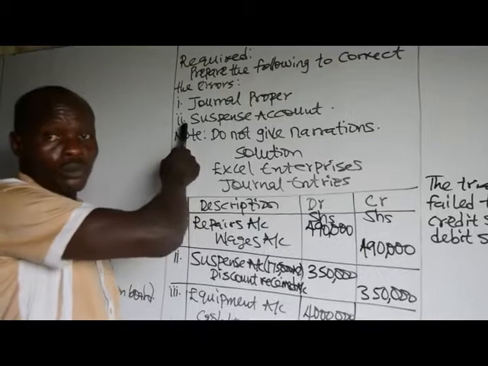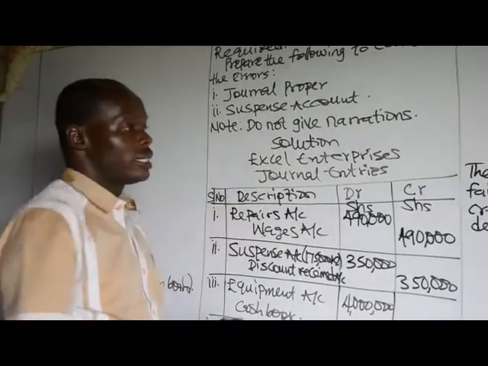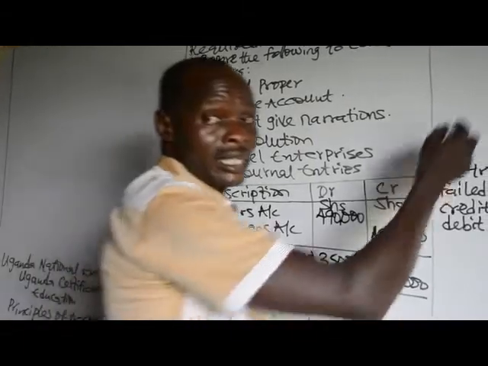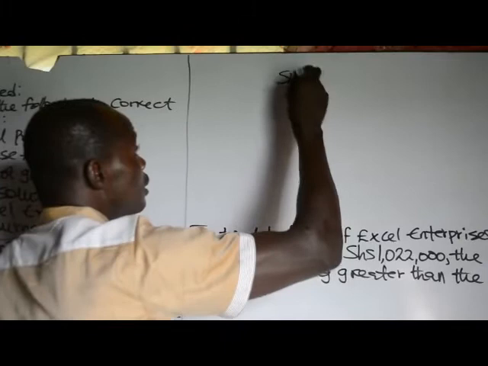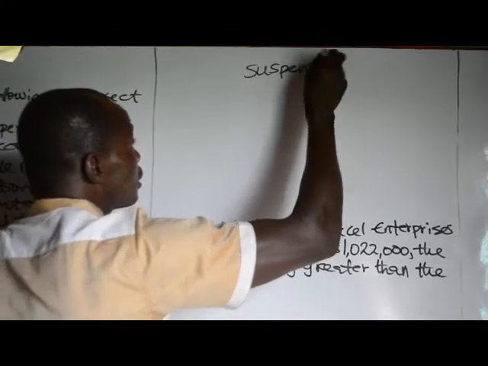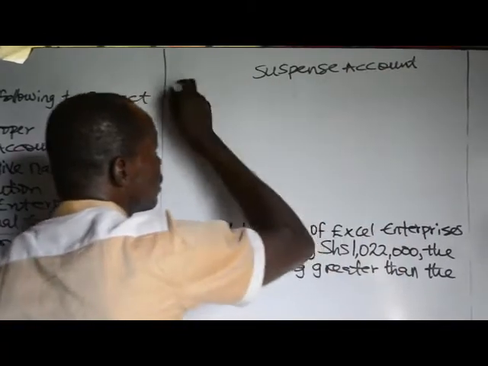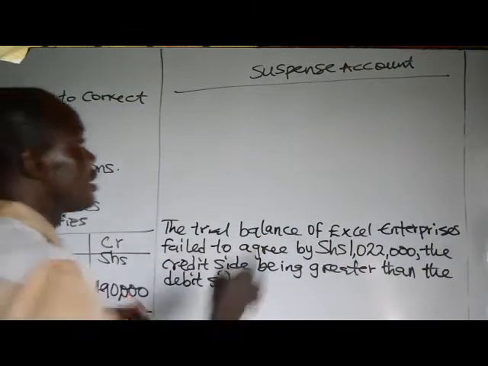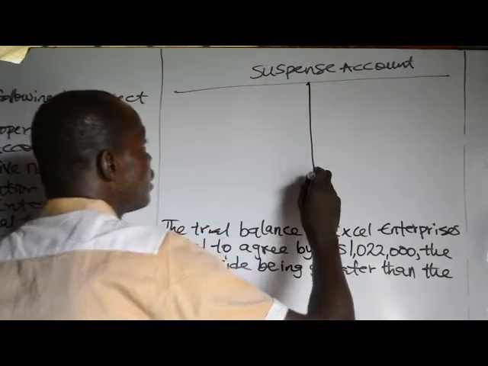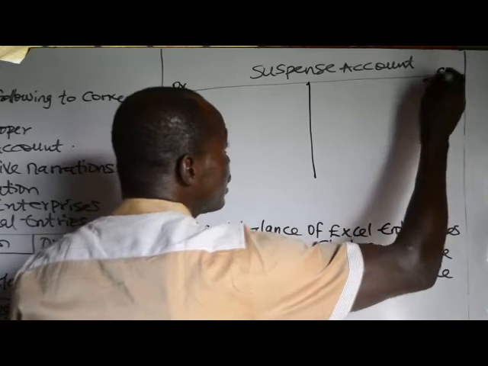Back to number 2. You have to prepare the suspense account. Now let's have the suspense account. You have the debit side and the credit side. The currency is shillings.